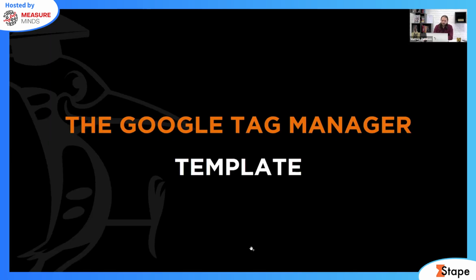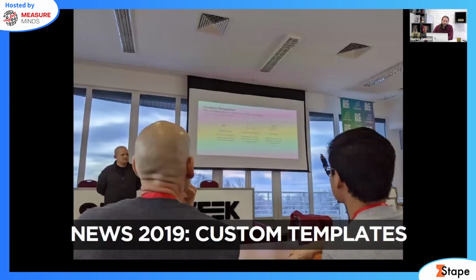So, the Google Tag Manager template. Probably you know the Google Tag Manager template was created in 2019. This is Brian Kahn of Google Tag Manager, the product and engineering lead of GTM.